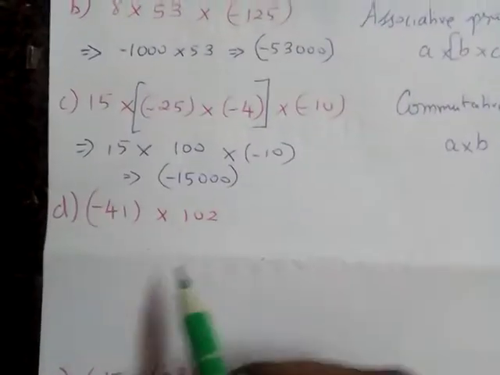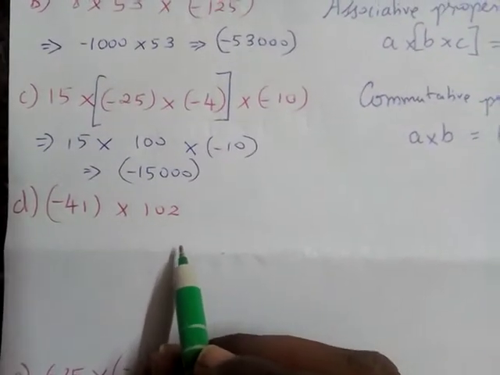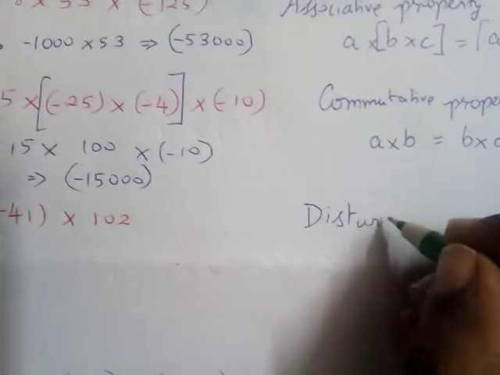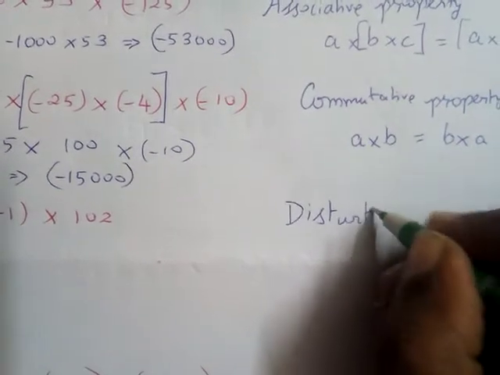Fourth subdivision: minus 41 into 102. Over here you can use the distributive property, as multiplying minus 41 into 102 directly is quite a big process.